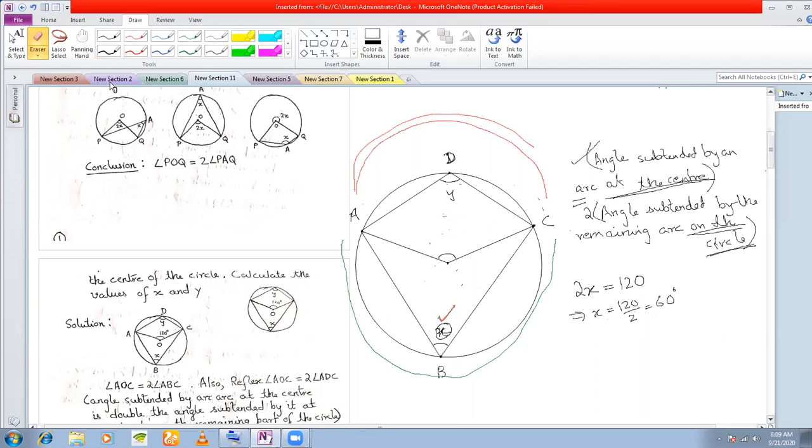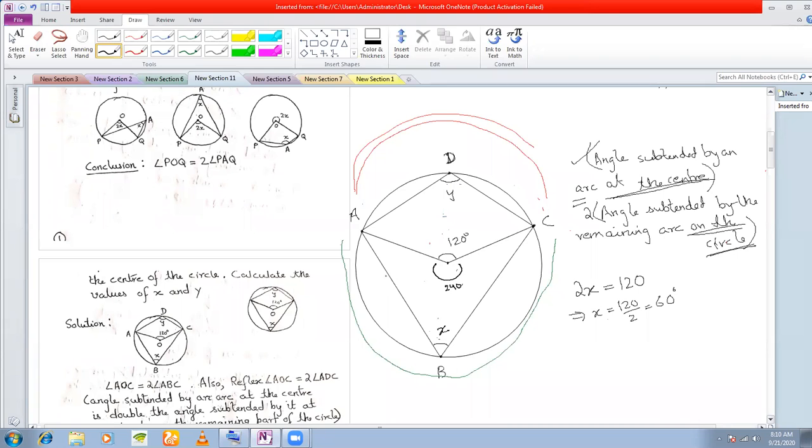In order to find y, you find out the reflex angle. What is the remaining reflex angle? 360 minus 120, which is 240, right?